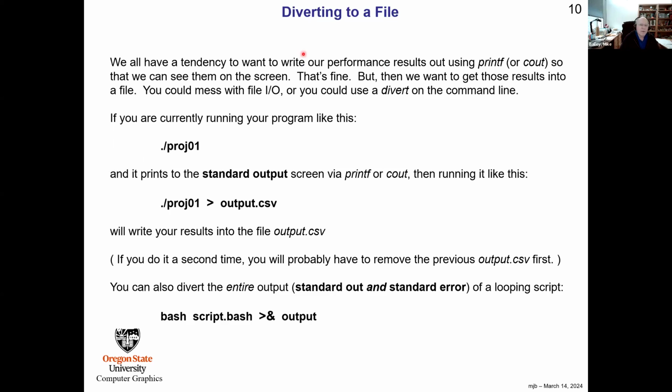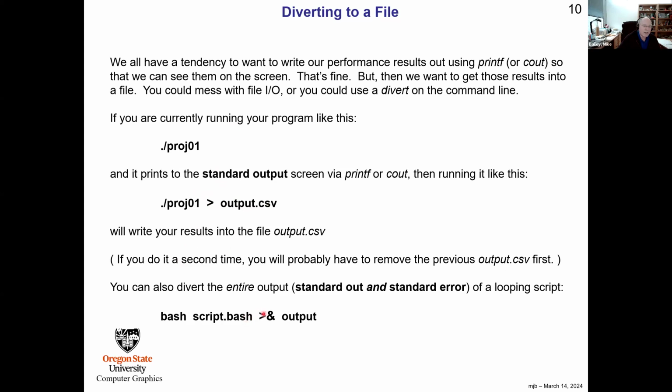Diverting to a file, and we'll talk about this as we get started, but if you really want to save some time, of course, you could print out the numbers from your program, and then you could type them all back in again into a spreadsheet. Or you could, on Linux, run it, say greater than and a file name. That will take the results and just stick them there so you don't have to retype them.